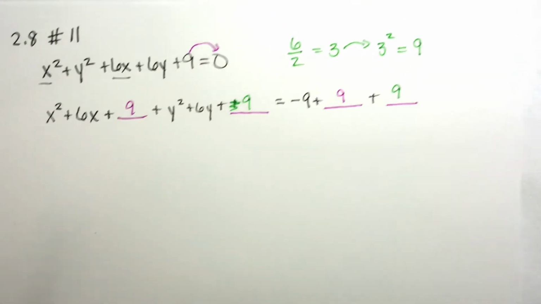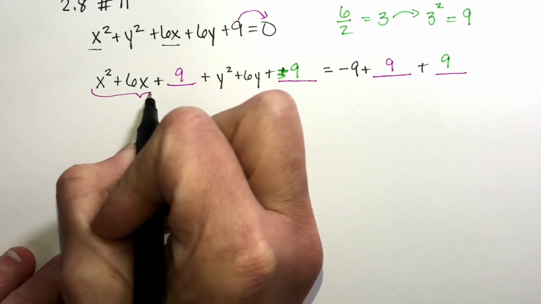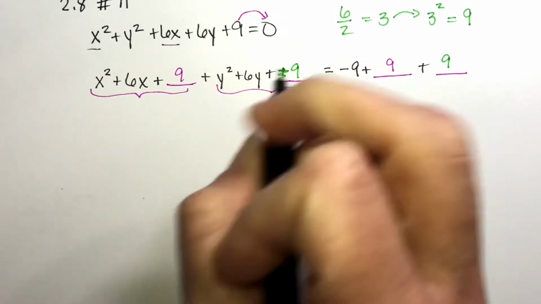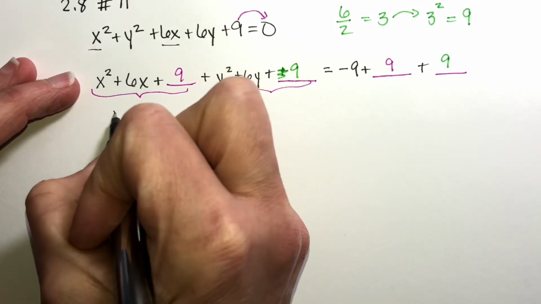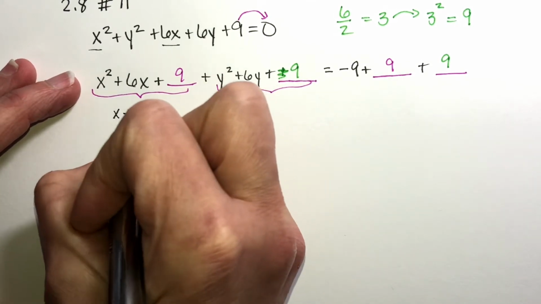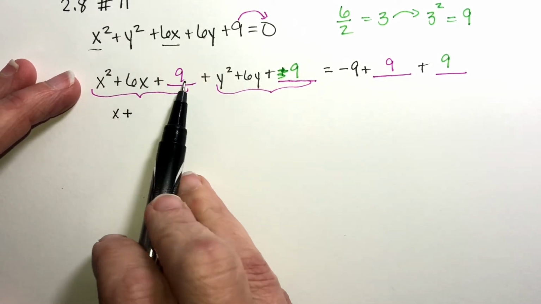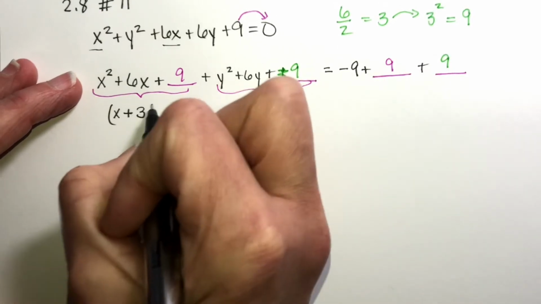Okay, now these should be perfect square trinomials. And they will factor as you take the square root of x squared, so that's x. You use this sign, plus, and you use the square root of this value, 3. And then that whole thing is squared.